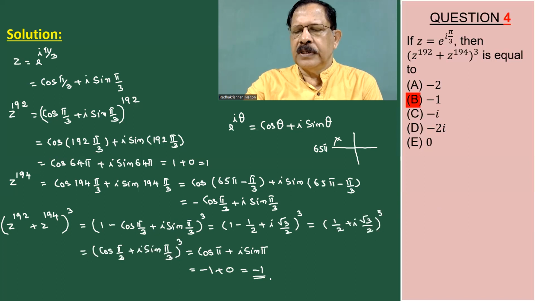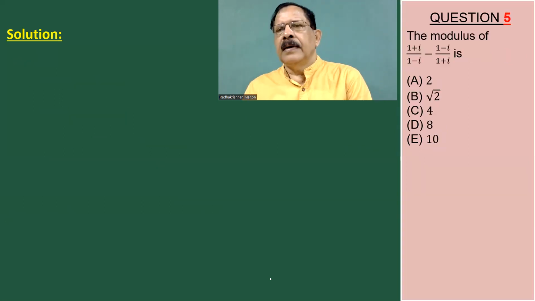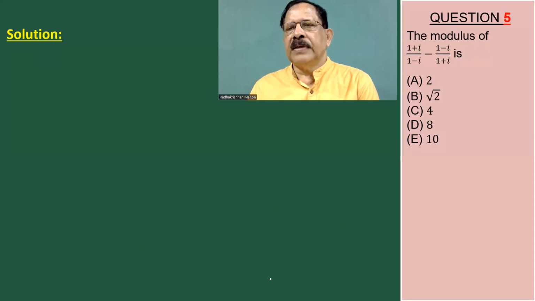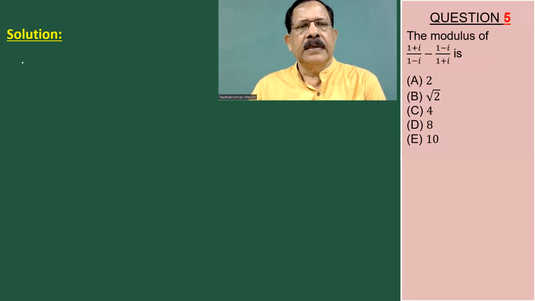One more question we can do in this video. Find the modulus of (1 plus i by 1 minus i). So z is equal to (1 plus i) divided by (1 minus i) minus (1 minus i) divided by (1 plus i).